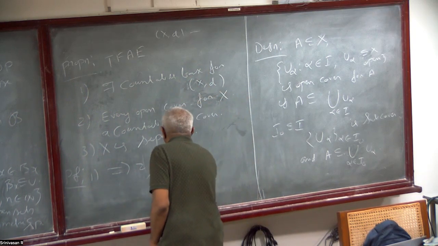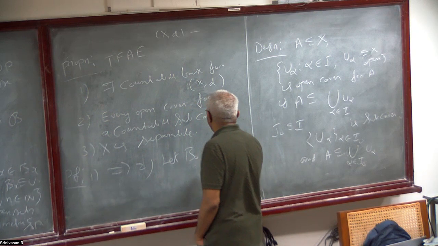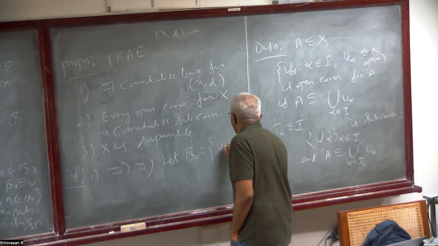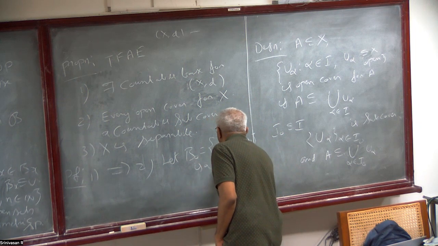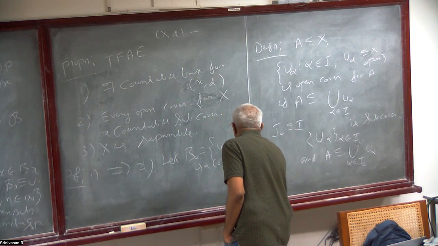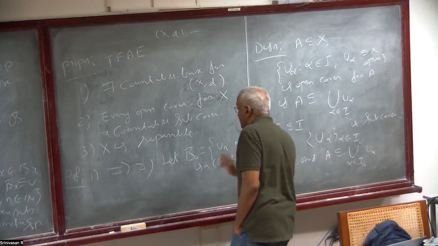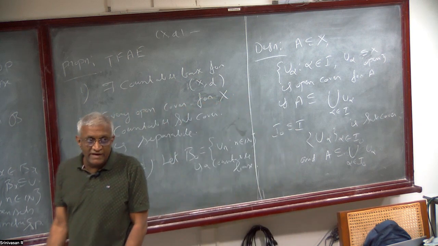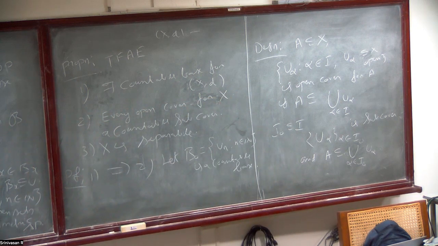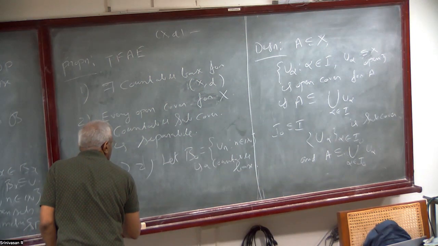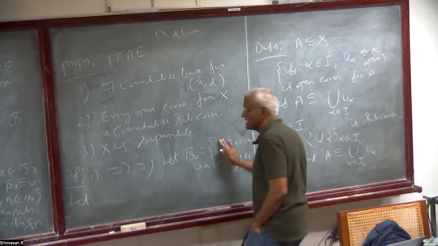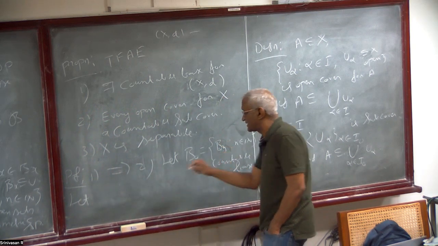Let B naught be a countable base. Let's write it U_n, n in N. It's a countable base. Then we want to prove every open cover has a countable subcover. I write it B_n. Sorry, I changed to B_n because I want to use U_n for something.